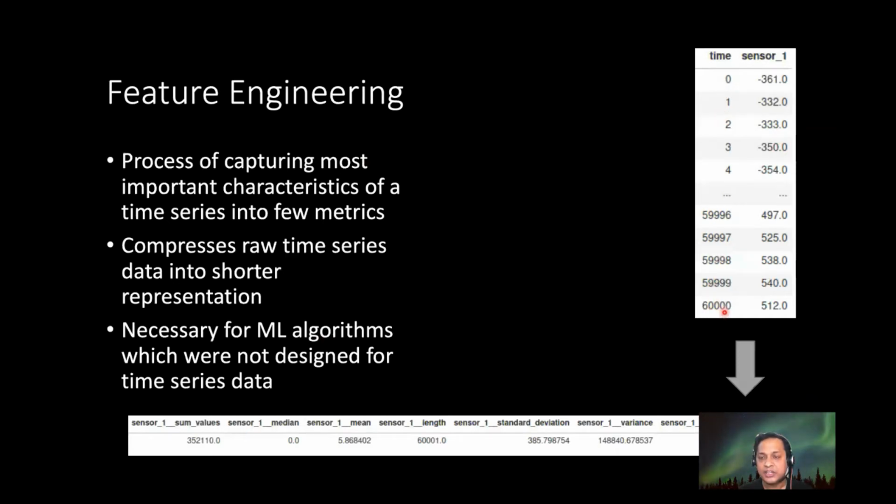I can start representing this time series in terms of a few metrics like mean, median, maximum, minimum, etc. That way, I compress a raw time series into a shorter representation. And this is necessary for the machine learning algorithms, which may not be able to decode these numbers, but may be able to understand the information extracted in the form of these features.